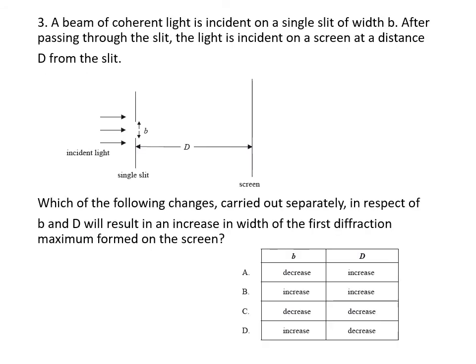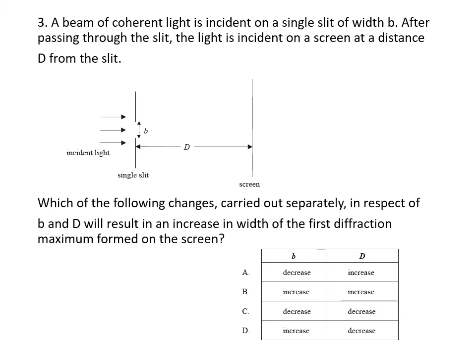Question number 3, a beam of coherent light is incident on a single slit of width b. After passing through the slit, the light is incident on a screen at a distance d from the slit. Which of the following changes carried out separately in respect of b and d will result in an increase in width of the first diffraction maximum formed on the screen? So I don't know if you guys have ever shown a flashlight onto a screen, but if you have a flashlight at home, you should definitely do it.